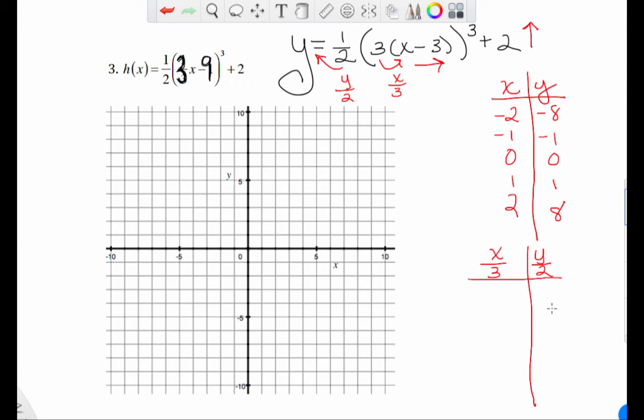And this is what you should be thinking about mentally without having to write it down, but just so you guys can see what I'm doing, instead of just hearing me say it, I'm going to write down a new table. Okay, so that x value is going to be divided by 3. This y value is going to be chopped in half. This x value is cut into 3.